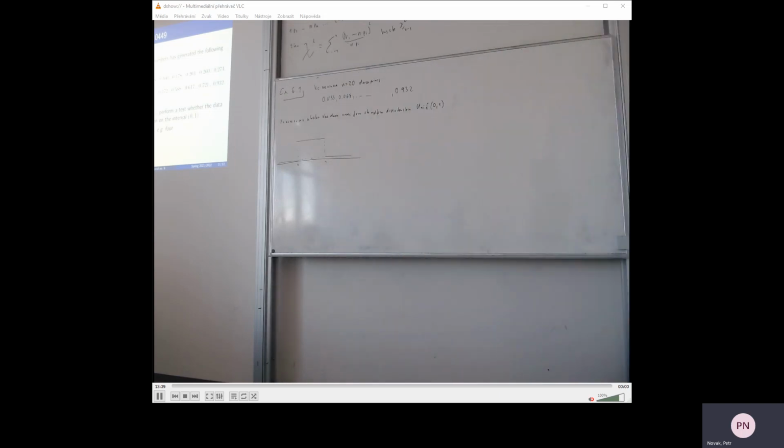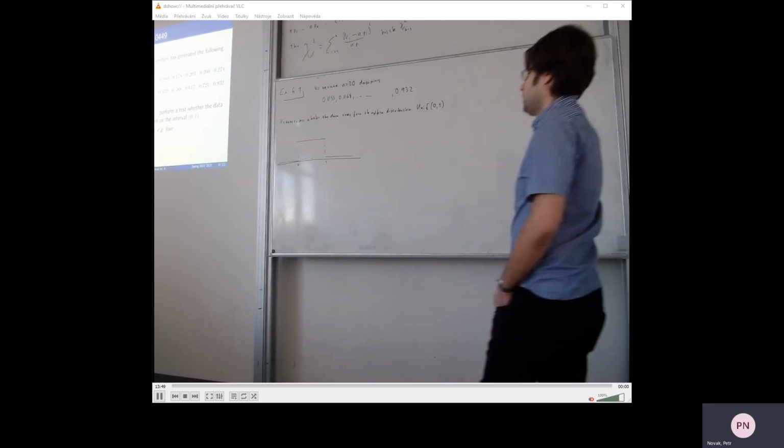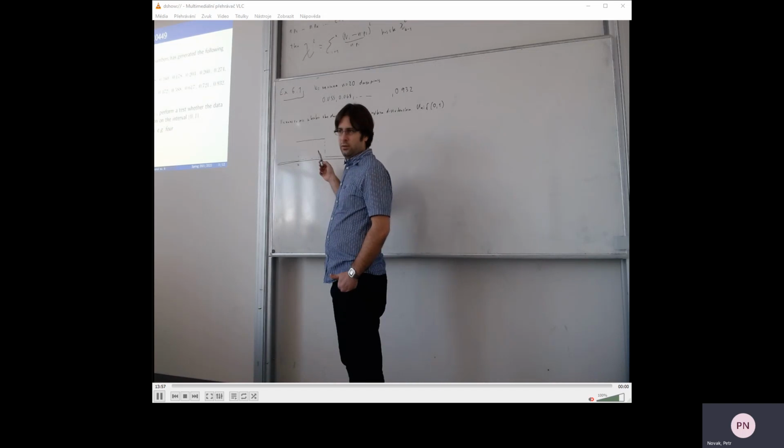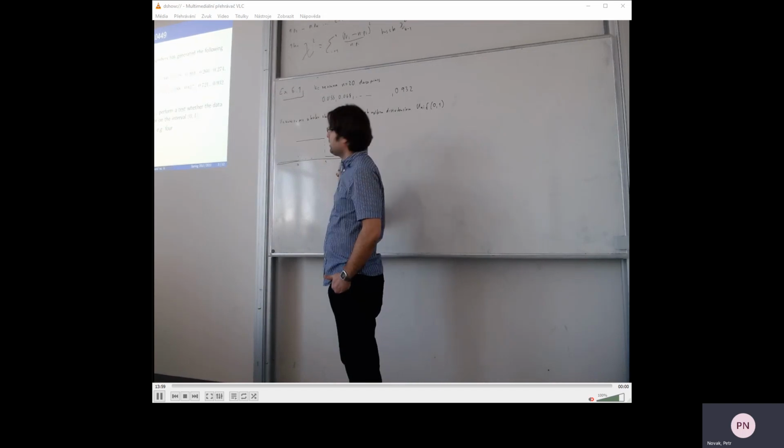Now, here we have 20 values, and if we want to divide this interval into some number of subintervals so that the expected number would be at least 5.